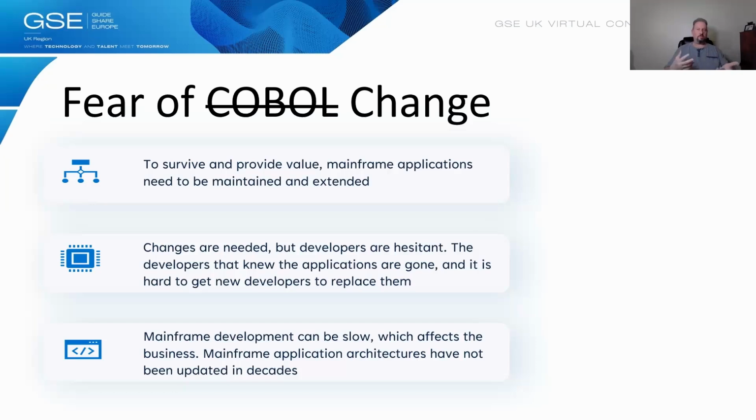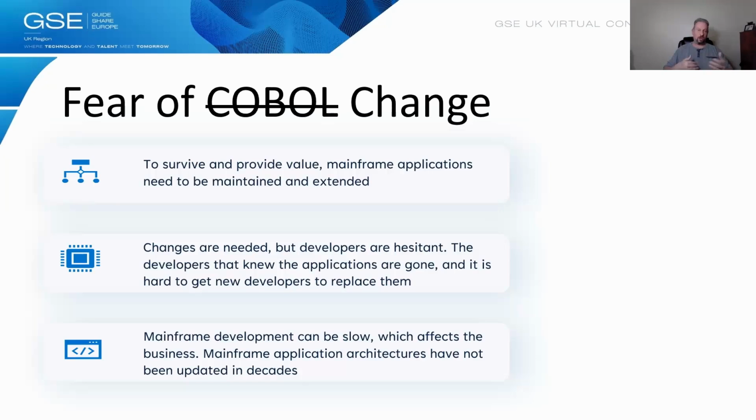Changes are needed, but developers are hesitant to make the changes, right? Because the true SMEs on these applications are gone. And as you bring in a new guard of application developers into these applications, it's hard to get them up to speed, right?